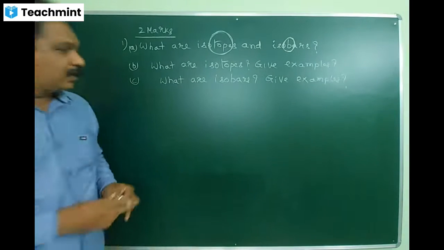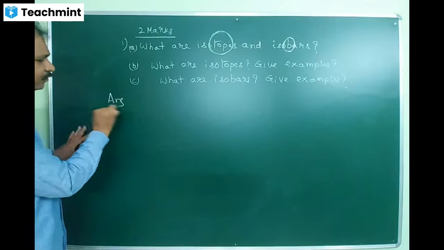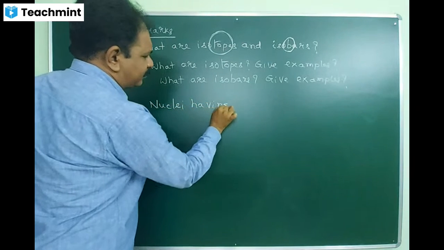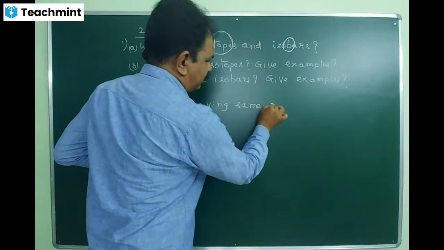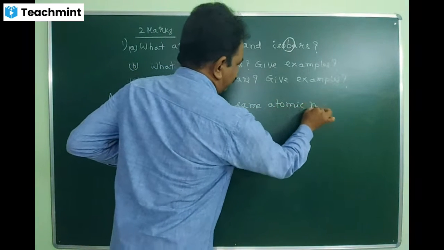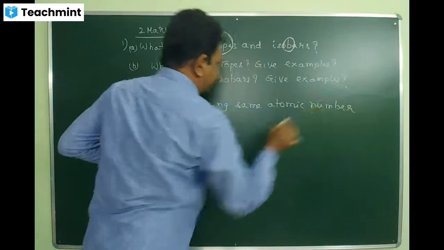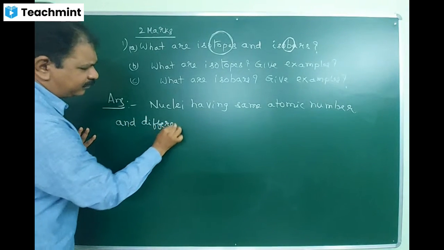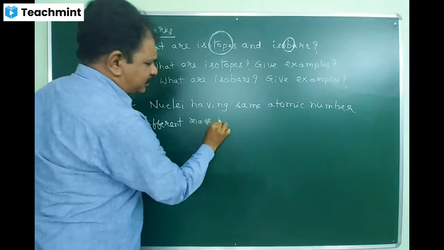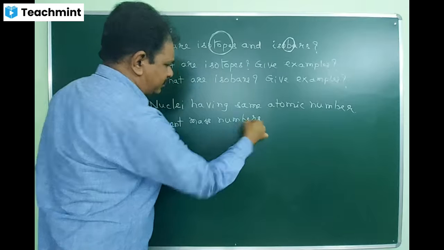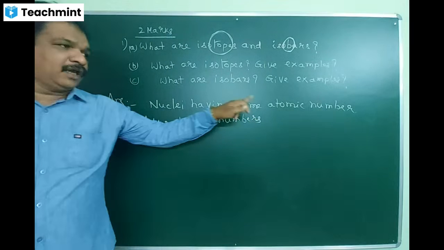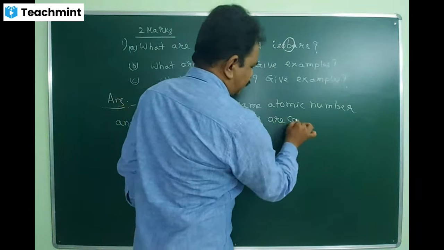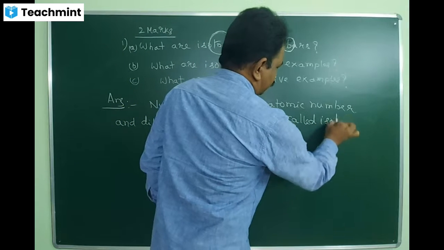So how do we define isotopes? Nuclei having the same atomic number but different mass numbers are called isotopes.